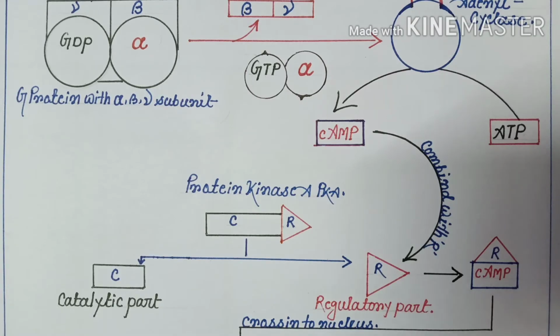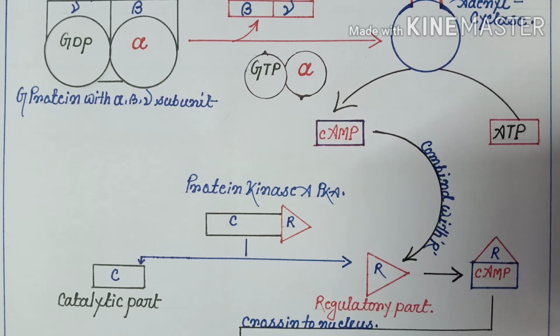Now look, the cAMP then acts on another enzyme, that is protein kinase A. This protein kinase A has two sites. One is the catalytic site, another is the regulatory site.